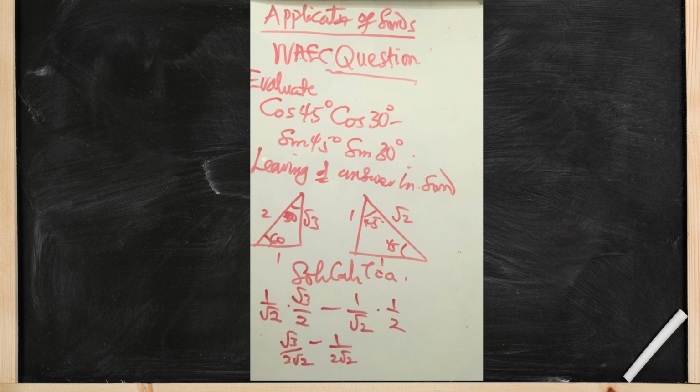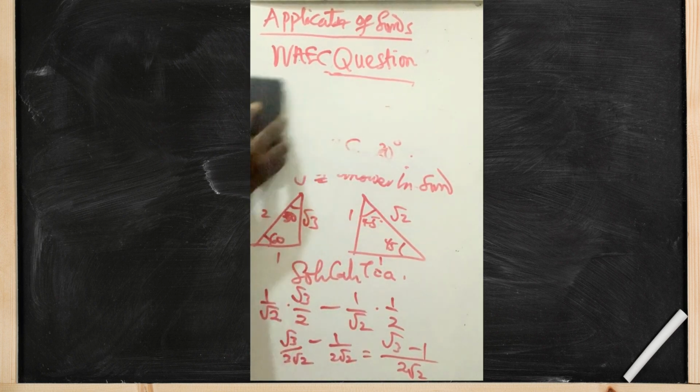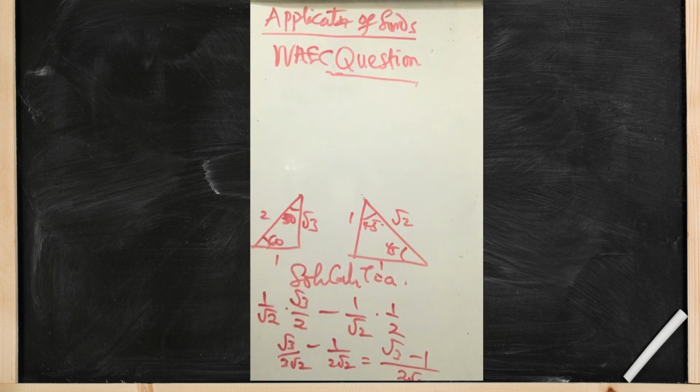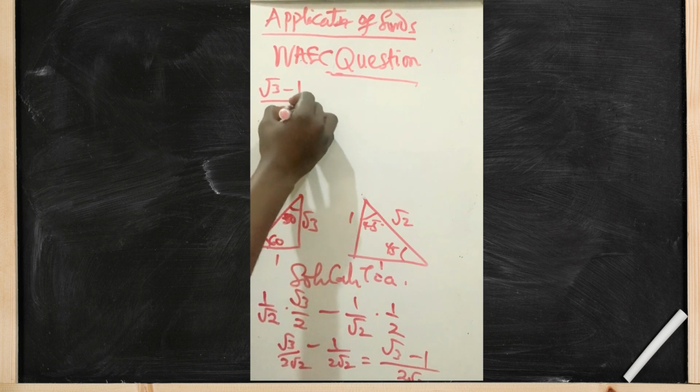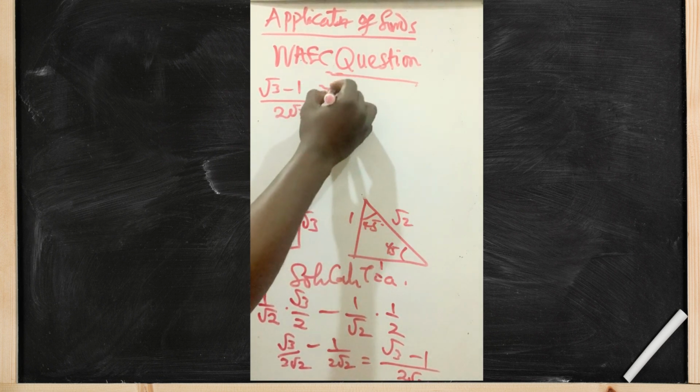Since 2 root 2 is the denominator of the whole thing, you can either eliminate the square root at the bottom, or you just go ahead and have it as root 3 minus 1 over 2 root 2.